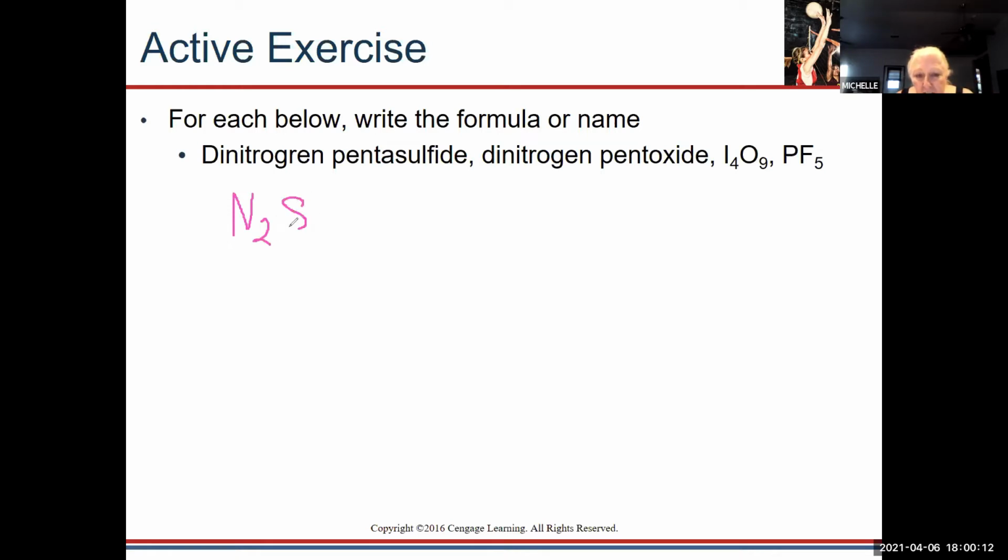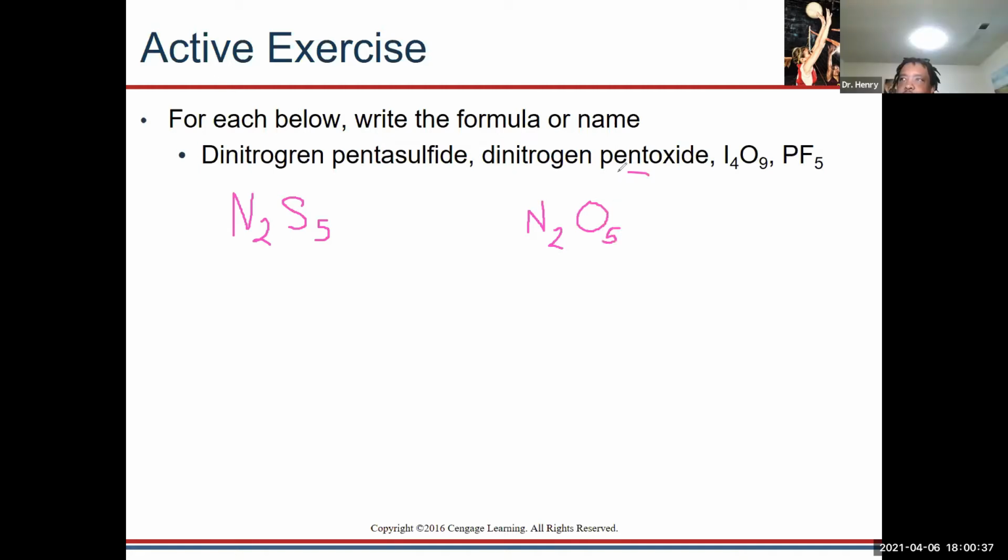Oh my God, that's a lot. There's a lot of big words there. Dinitrogen pentaoxide. So that would be N2 and O5.